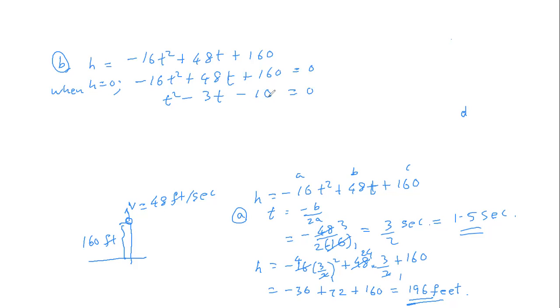Factors of negative 10 give us 5 times 2. We can see t minus 5, t plus 2 equal to 0. And this gives us t equals positive 5 or t equals negative 2.